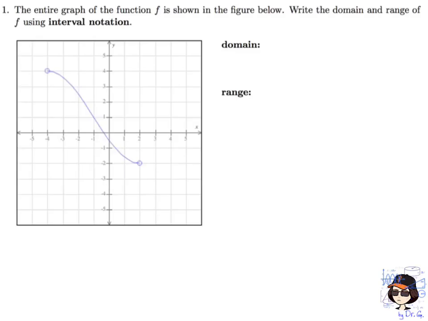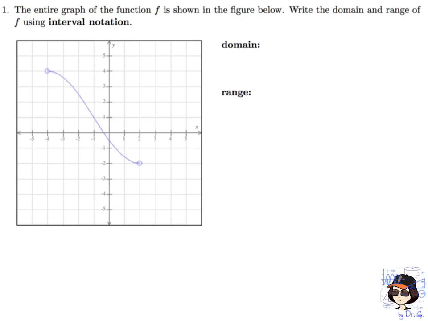All right, so let's look at the first question on this practice exam. This one says the entire graph of the function f is shown in the figure below. Write the domain and range of f using interval notation. So remember, the domain of a function is all the possible inputs, or all the x coordinates.